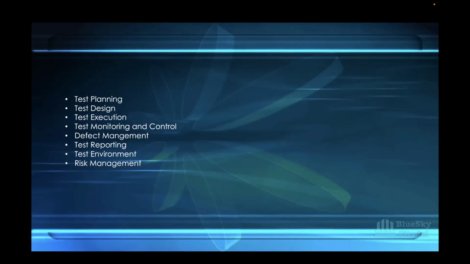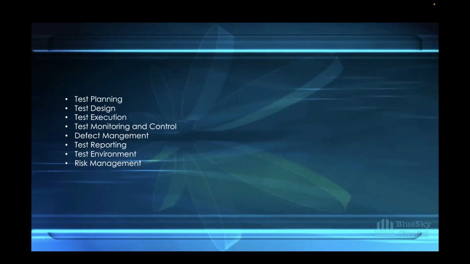Then you have test environment management. This is setting up and maintaining the hardware, software, and network configuration required for testing. When it comes to automation, which you dive into later, and even with manual testing, you have to get your test data and your environment set up.